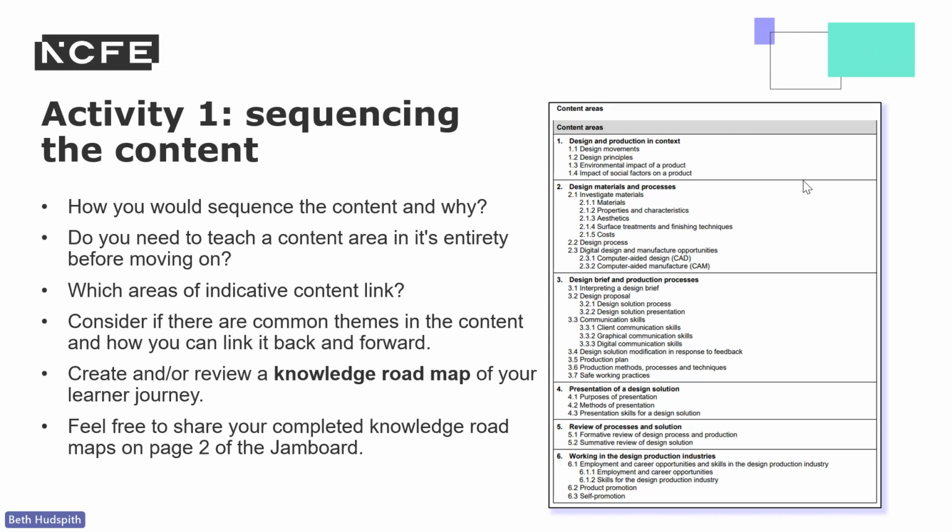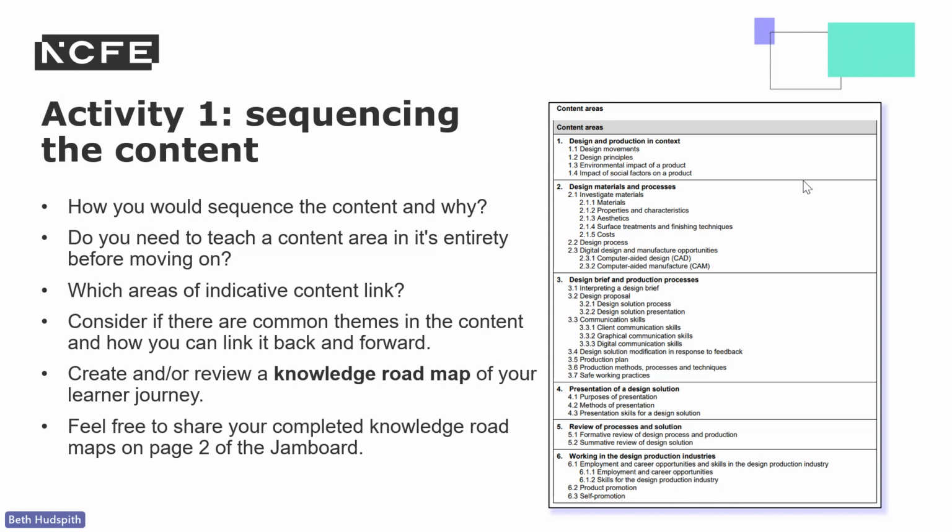Are there any common themes? Can you link forward and link back? How can you embed the knowledge, and how can you embed the skills? We're going to open the Jamboard now and create a learner journey roadmap or review. You may already have a plan. For those of you already delivering, share what you've done so far this year.